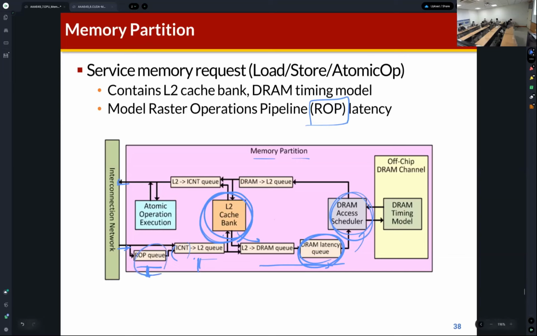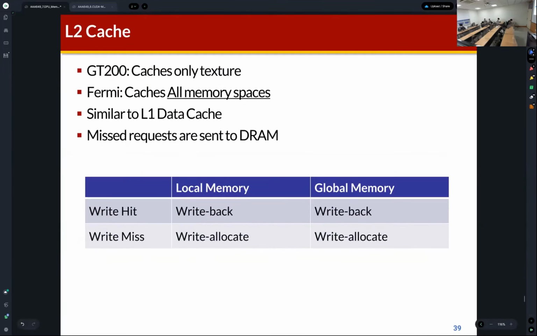So that's why ROP is not implemented in the GPU-Sim, but the ROP latency is implemented. So it's a very simple memory partition model, and then the L2 cache write policy.